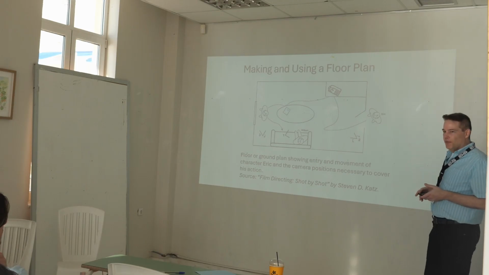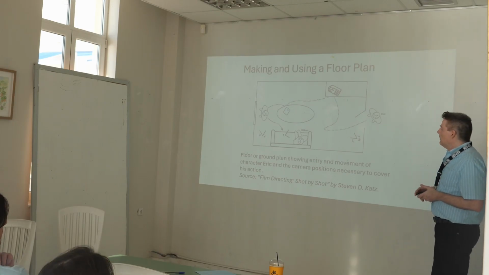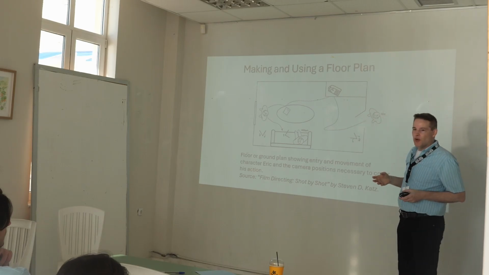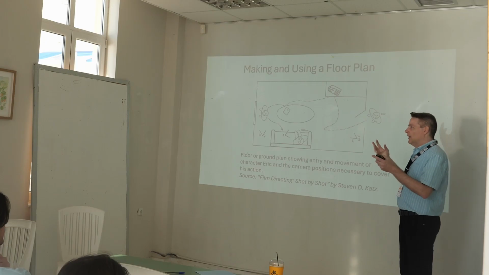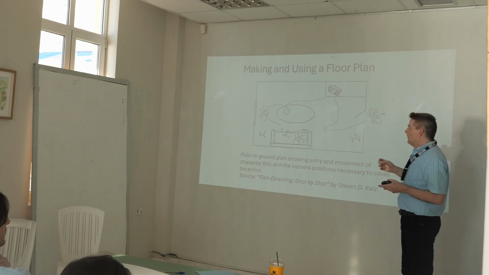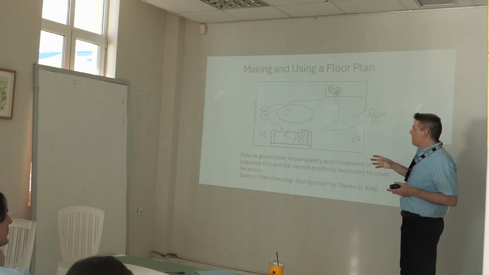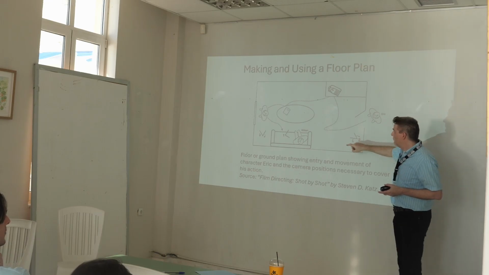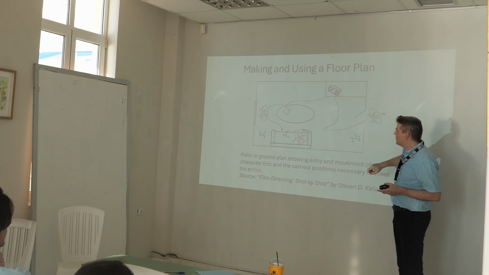So this is the example of a floor plan, where instead of drawing independent frames of each shot, framing and the contents of each shot in the storyboard, we can have the top floor plan and note where the positioning of the cameras are.